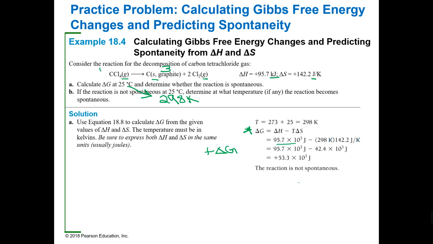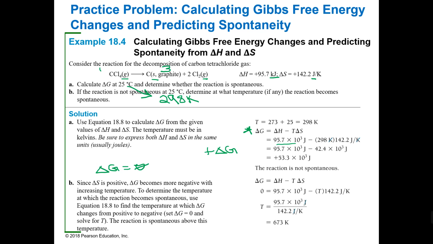Now, I could ask you, at what point does it become spontaneous? That's part B. If the reaction is not spontaneous at 25 degrees Celsius, determine at what temperature, if any, the reaction becomes spontaneous. This is where you're going to set delta G to 0 and then solve for a new temperature.